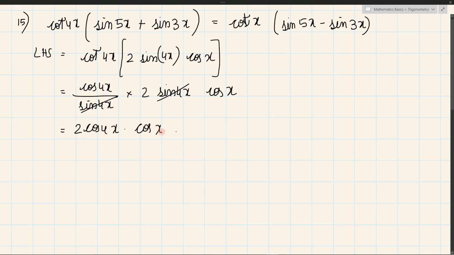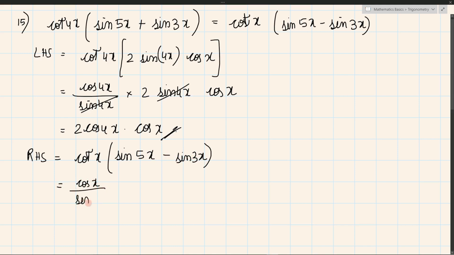So we got something here. Let us consider now the RHS. The RHS is nothing but cot x into sine 5x minus sine 3x. Cot can be written as cos x by sine x multiplied by sine A minus sine B, which is nothing but 2 cos of (A plus B) by 2, that is cos 4x, into sine x, right?